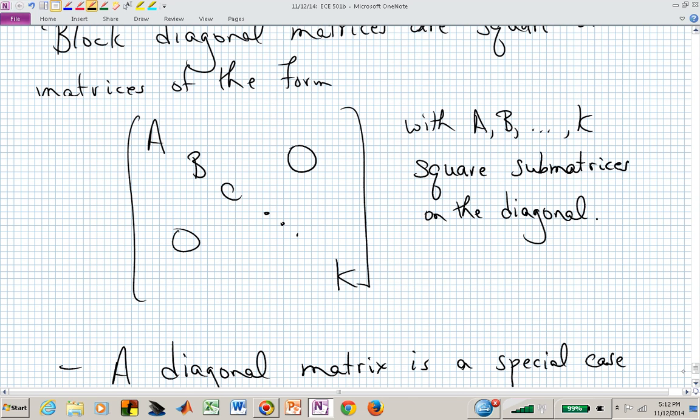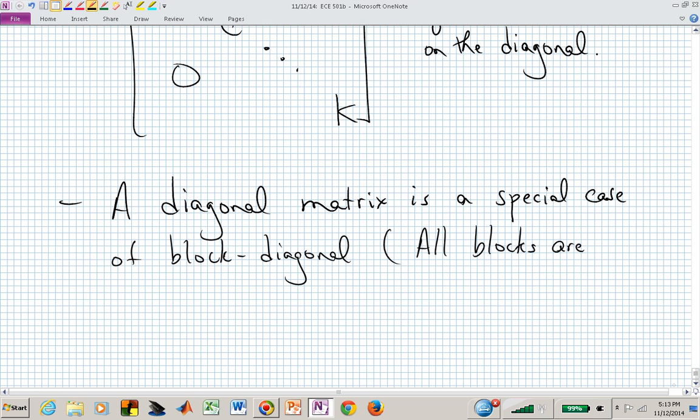If this matrix is diagonal, more than just block diagonal, how big is capital A in terms of dimensions? Now capital A can't have anything in the off diagonal. And if it's a matrix and it has nothing on the off diagonal, it's now a 1-by-1 matrix. So all of these submatrices for a diagonal matrix, all blocks are 1-by-1. That's a special case of a block diagonal matrix.